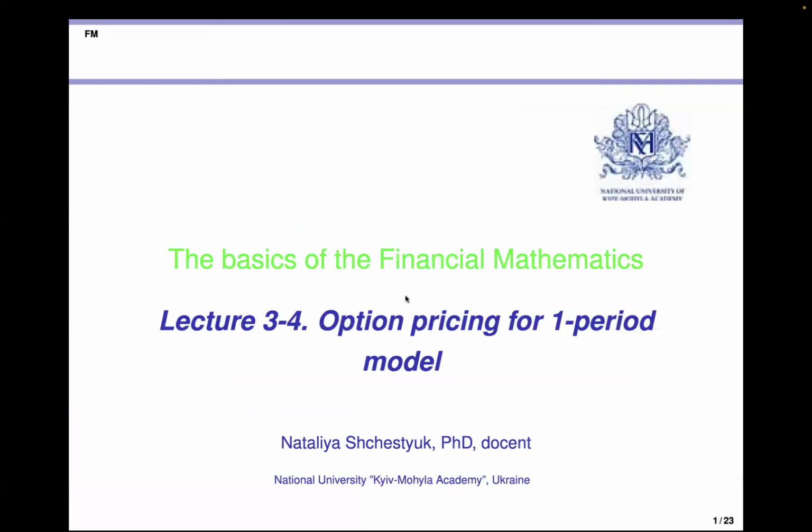You remember that in the previous lecture, we started the main part of our course. We set the main goal, and it was to model the financial market, I mean, the dynamic of the financial market.